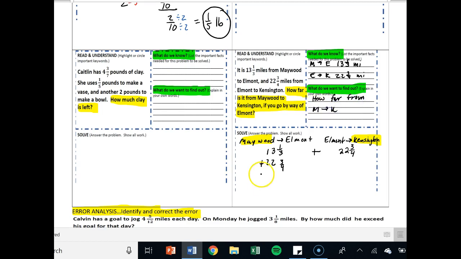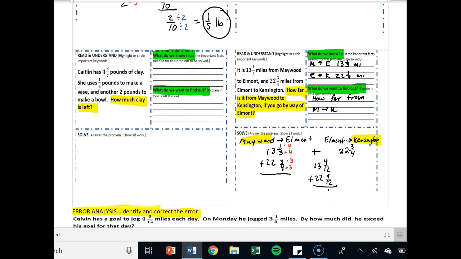All right, so you're going to add these two up. You're going to find your common denominators, which happens to be 12, so times 4 here, and times 3 here. It gets you 13 and 4/12 plus 22 and 9/12.